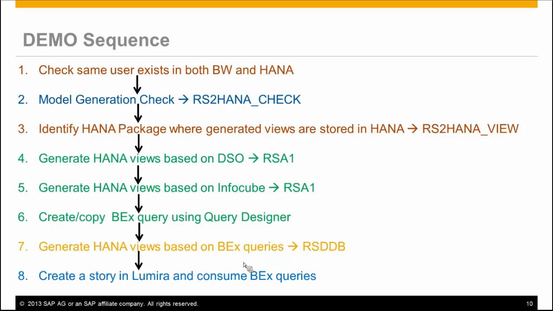That would ensure your data in the HANA views is up to date. I'm going to show you in a brief moment. And then finally, we are going to create a story on Lumira by consuming these BEx queries, which are nothing but the HANA views generated based on these models. We are going to consume that in the video. So let's start.